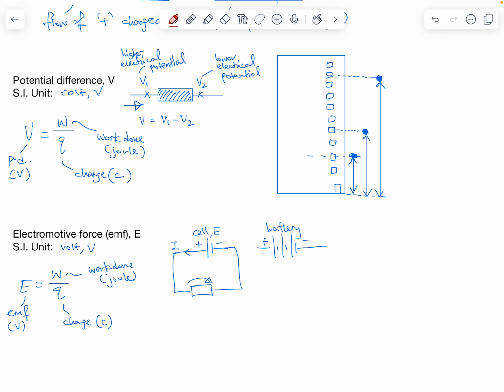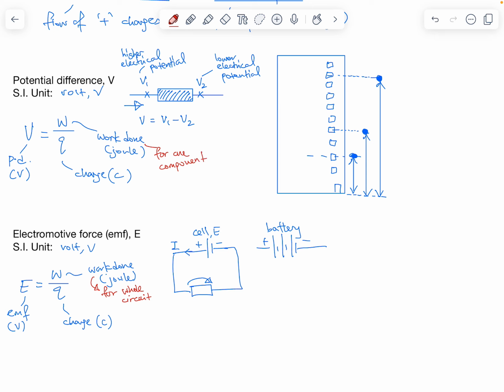For EMF, it's not the work done to bring a unit charge across a component. It is to bring a unit charge across the whole circuit. So work done for whole circuit. This one, PD, is just the work done for one device or component.